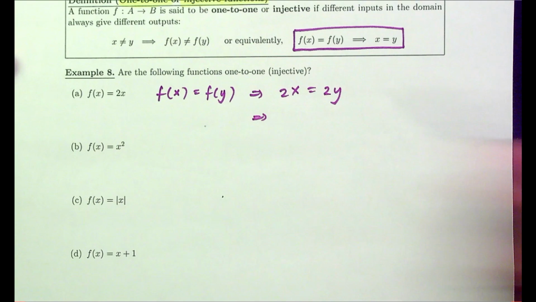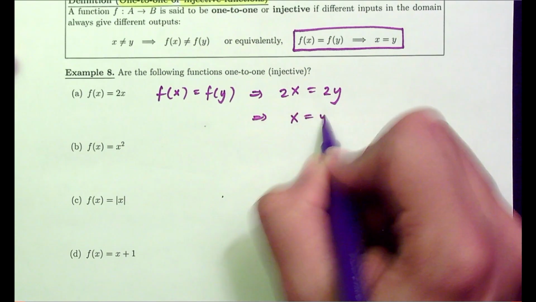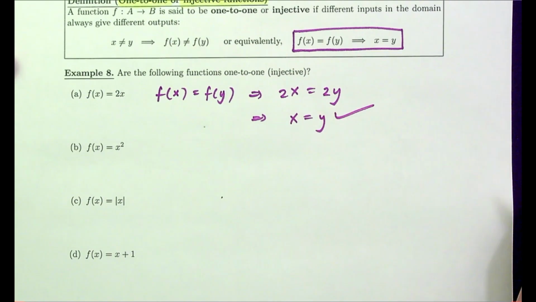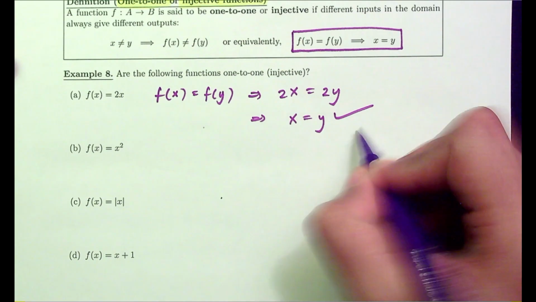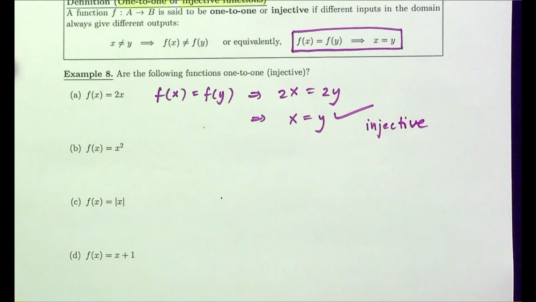Now I can divide both sides by 2 to simplify, and I end up with x equals y. It works. So that means every time I plug in two different numbers, I'm always going to get two different outputs. So this is indeed injective, or one-to-one.